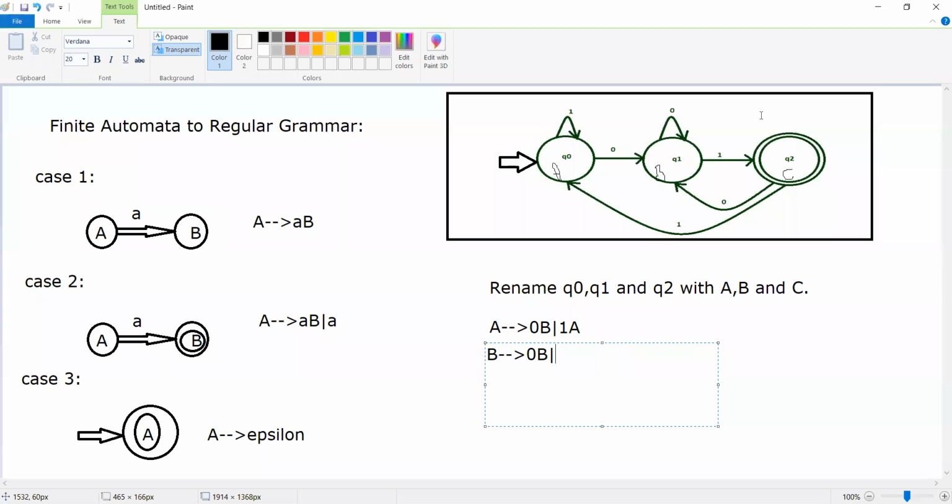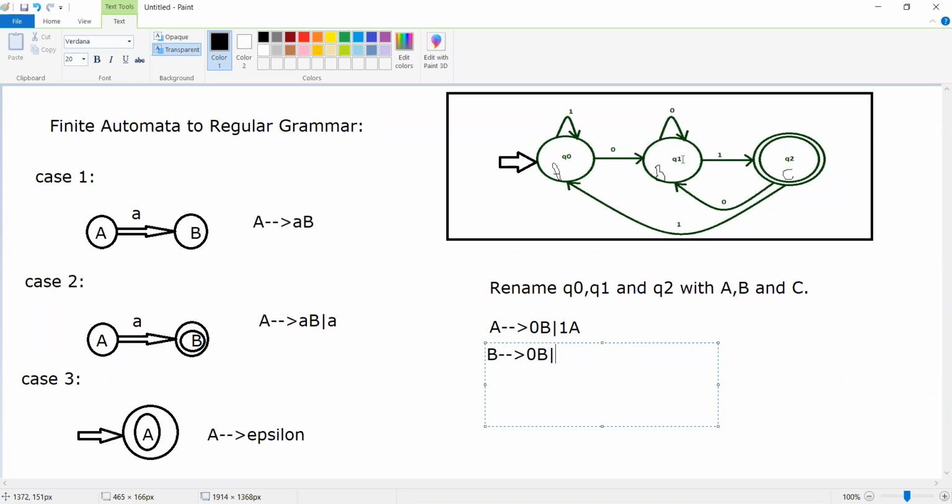Since Q2 is the final state, we consider the second case: you need to write one production by considering Q2 as a non-final state, and a second production by considering Q2 as a final state.